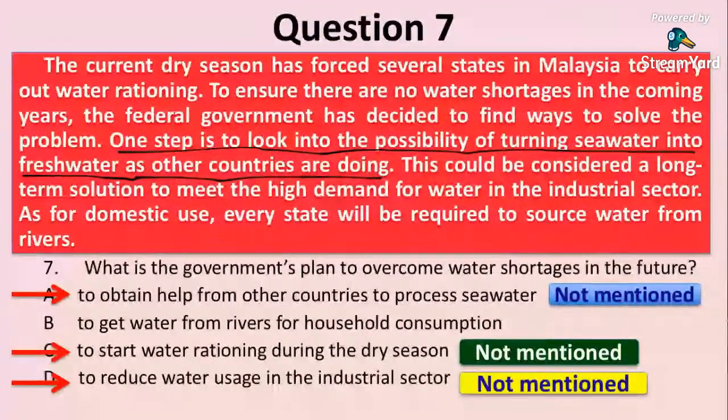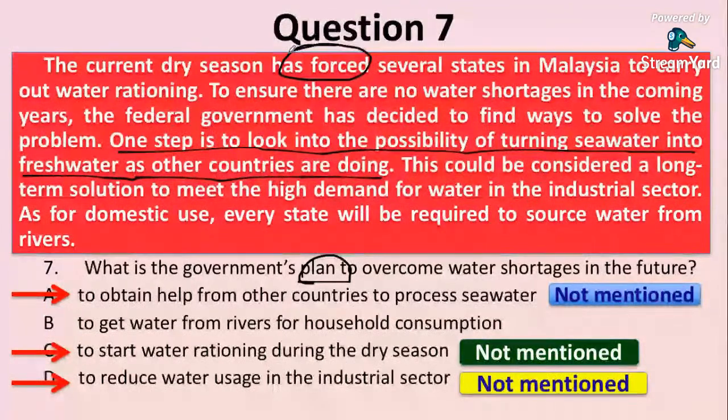To start water rationing during the dry season. The question asks you what is the plan, you see. And this is not the plan because people have been forced. You force people to carry out water rationing.